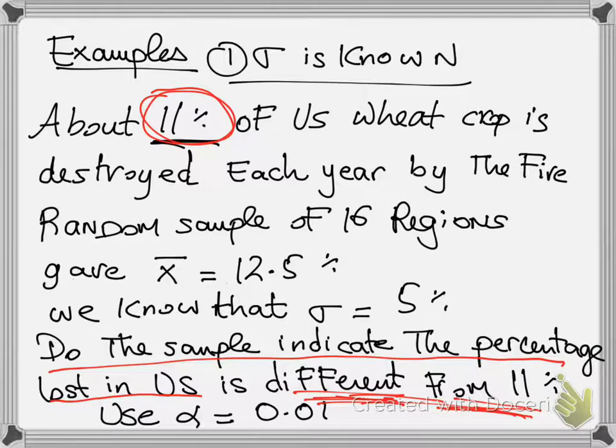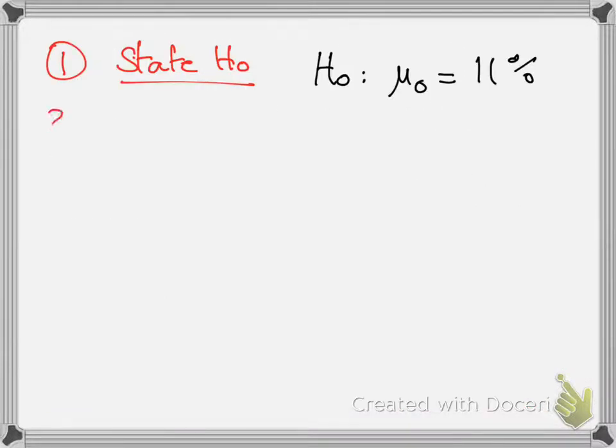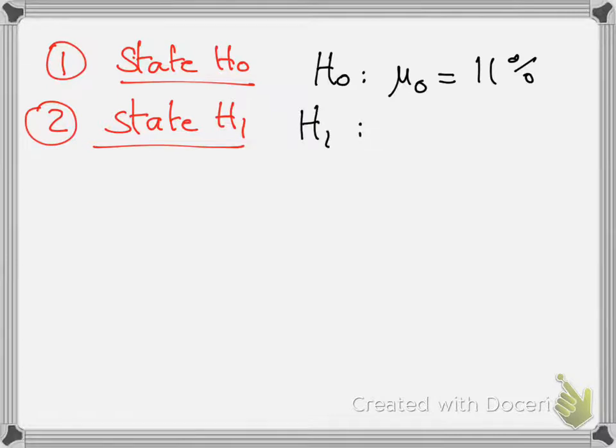So H1 is that mu is different from mu 0. The average percentage of US wheat crop destroyed by the fire is different from the 11%.